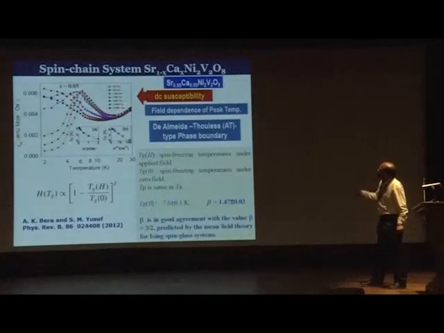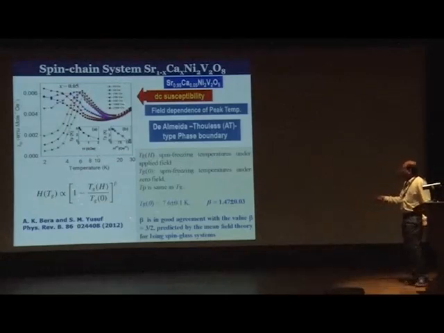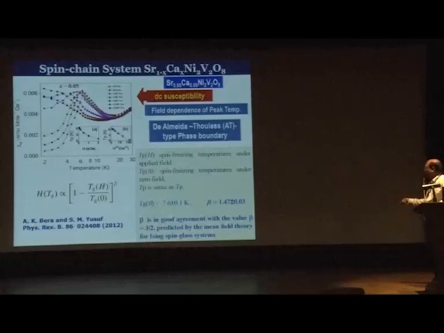We do see that the peak shifts and decreases with the magnetic field, and it scales with H to the power 2/3, following the famous AT line behavior. Here Tg, the spin glass freezing temperature, is 7.6, and the beta exponent is 1.47. So this is the AT type behavior, and beta is expected to be 3/2 from the mean-field Ising spin glass system.